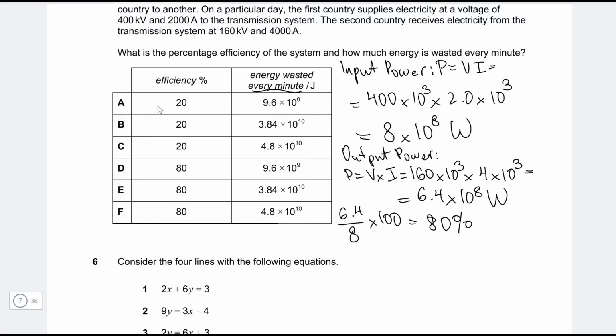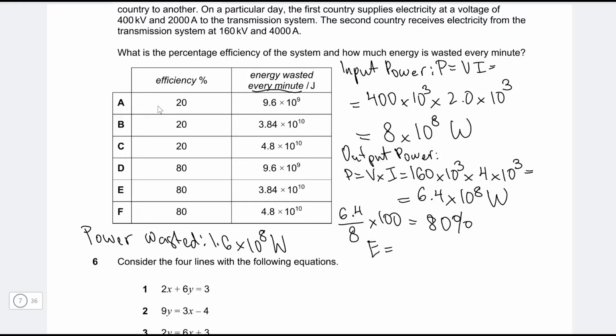So it's going to be 8.0 minus 6.4. I'm just going to write that over here. So the power wasted, that's going to be 8.0 minus 6.4, so that's 1.6 times 10 to the 8 watts. And we can figure out the energy. I'm just going to do that over here.